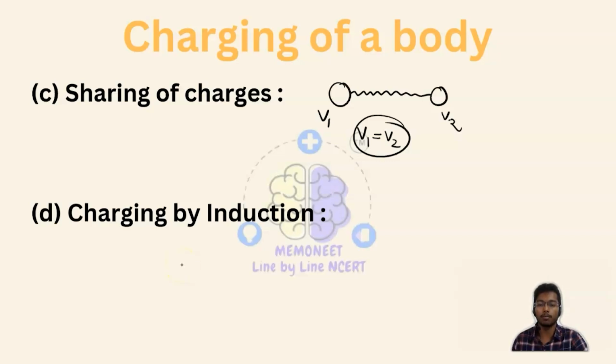By induction, let's say we have a charged body here, a positive charge, and we take this charged body near an uncharged body. Due to induction, this side will have a negative charge, so that the whole system will be neutral.